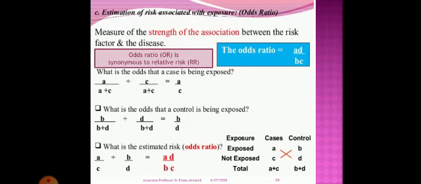So at the end, by just seeing this calculation, you can see that the odds ratio is equal to AD divided by BC, and we have explained all these terms.